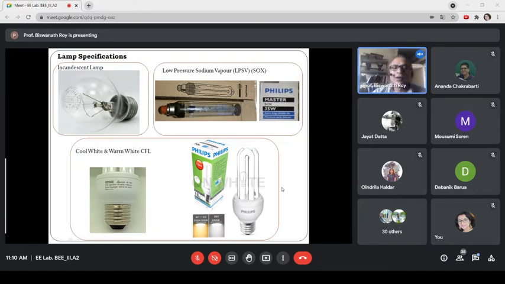That means from the same 18-watt lamp, the warm white lamp gives us less lumen, not significantly less, but less. Okay. So commercially this is not acceptable, but it is preferable for some special purposes. For some special purposes we need warm white light.